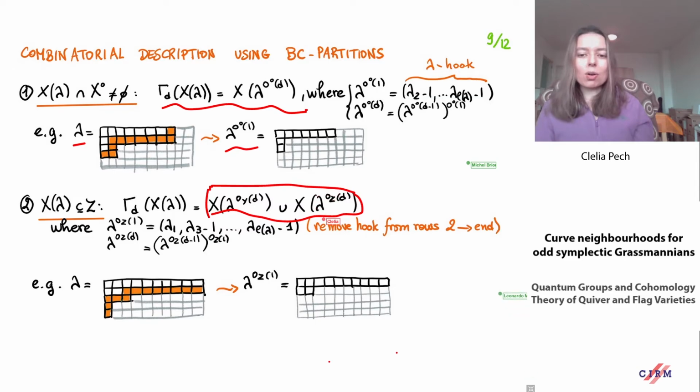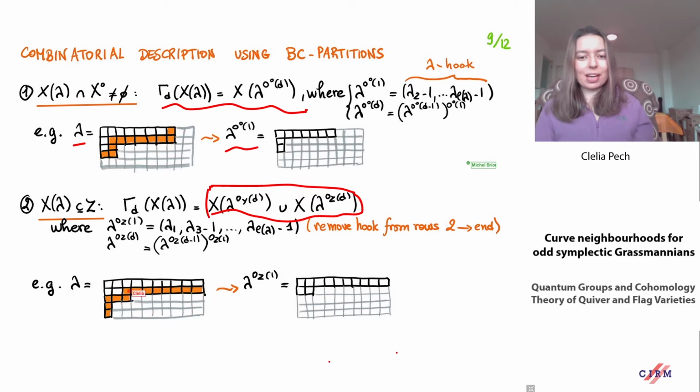And this lambda OZ of D is just contained, so it corresponds to a variety that's still contained in the closed orbit. What I do is remove a hook like before, except I don't remove it from the first row.